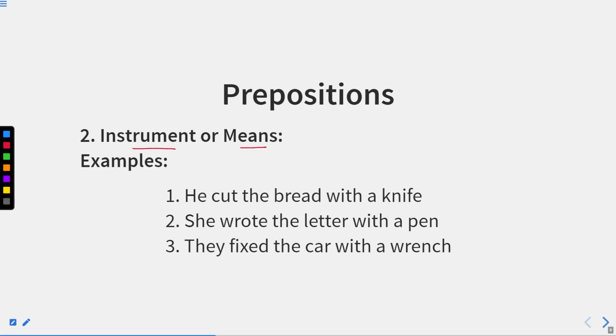Instrument or means. As I told you earlier as well, if something happens, it is generally done by some person. Suppose I'm writing a sentence, so the one who does that particular action is known as the agent. If I'm writing that sentence, I'm the agent. And I will probably use a thing to do that action, for example a pen or a marker or a stylus.